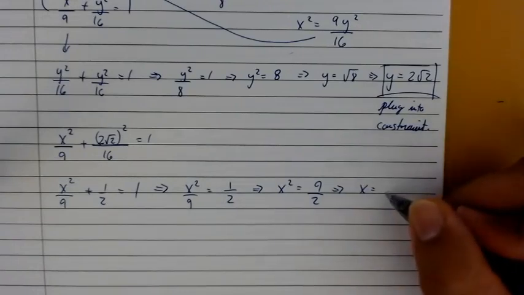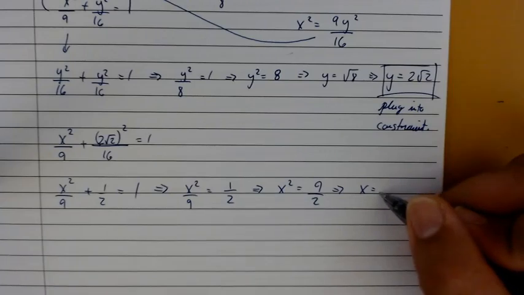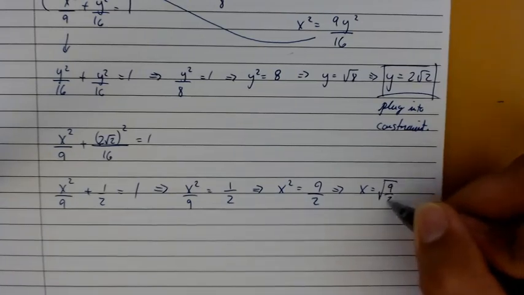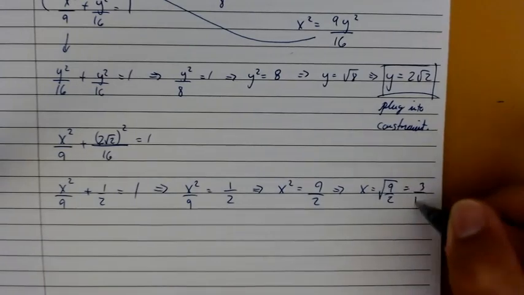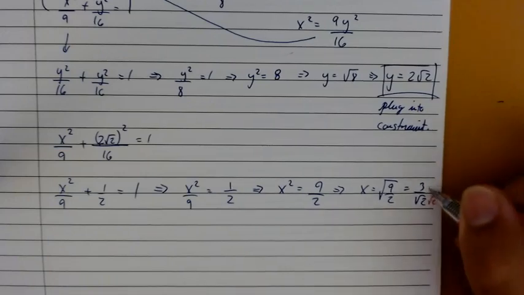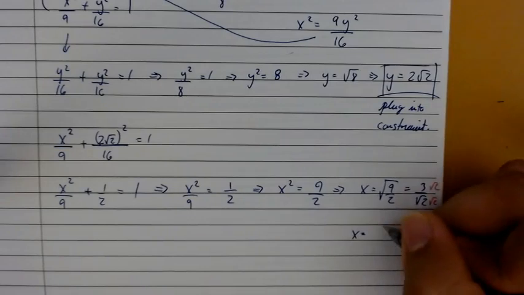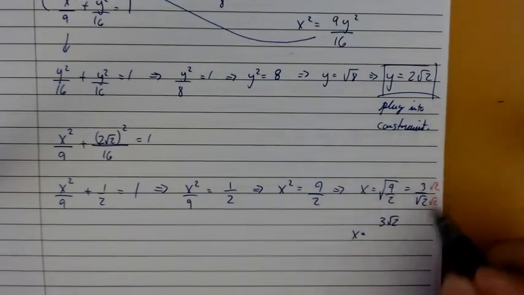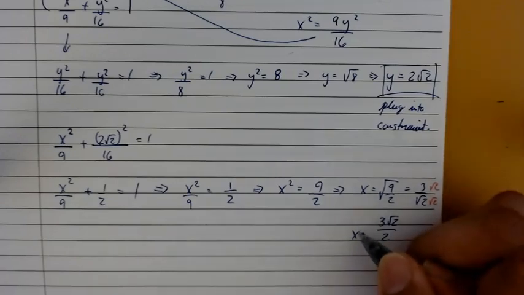So here this will give us the square root of 9 over 2, which I think I'll rationalize. That's equal to 3 over root 2, and then I can rationalize by multiplying top and bottom by root 2. So this gives us x is equal to 3 root 2 on top over the square root of 4, or in other words just the number 2 on the bottom.